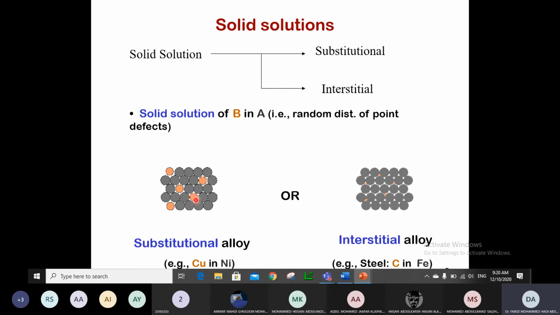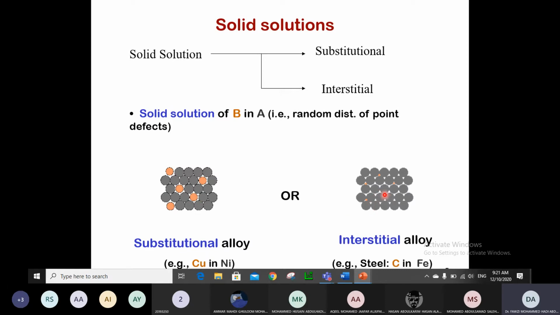The atomic size factor: atom sizes have to be close to each other. They have to have the same crystal structure type. They have to have similar electronegativity and valence electrons, in order to be able to substitute. To do the solvent's job, these specifications have to be present. Otherwise it will produce something else, which is another phase.